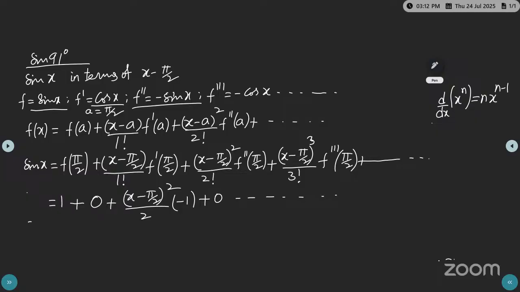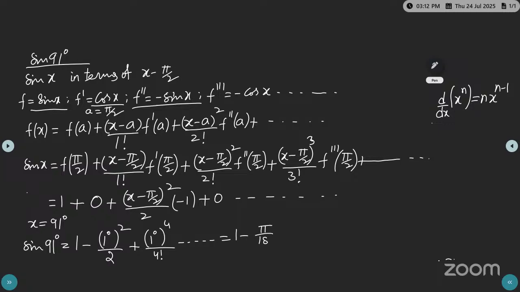So if you write x equals 91 degrees, sin 91 degrees equals 1 minus 1 degree whole square by 2, plus 1 degree whole power 4 by 4 factorial and so on. 1 degree is nothing but pi by 180.